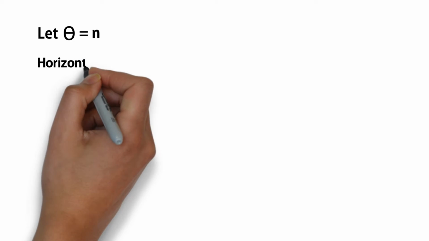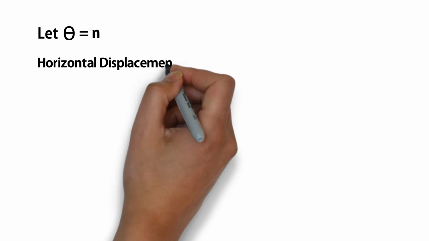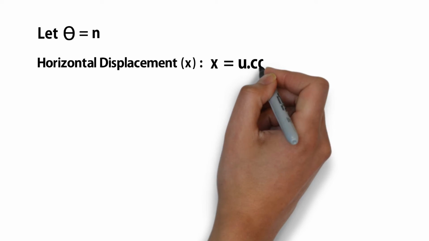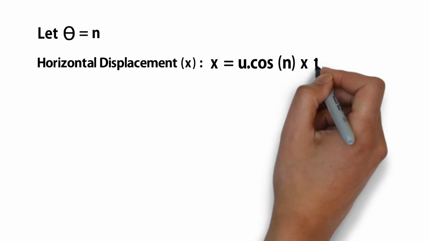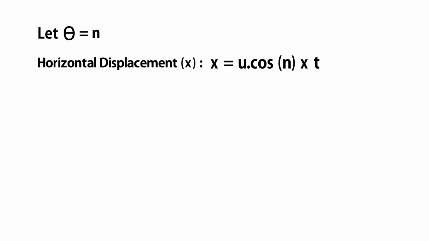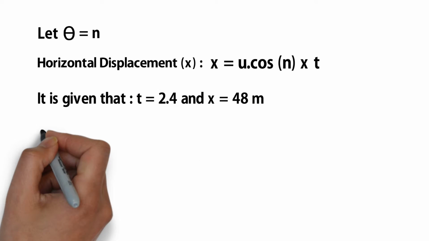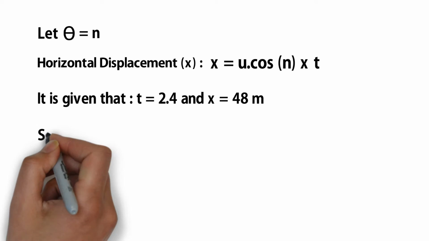You should know from your lessons that the formula for the horizontal displacement x is given by u, the initial velocity, multiplied by cos theta multiplied by the time taken. It is given that the time taken is 2.4 seconds and the horizontal displacement is 48 meters.